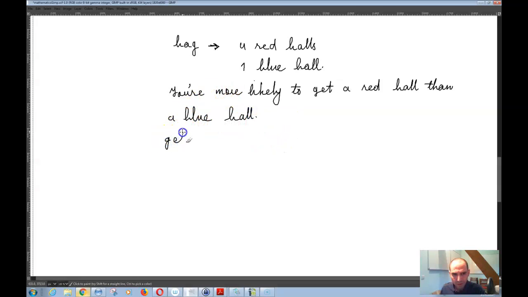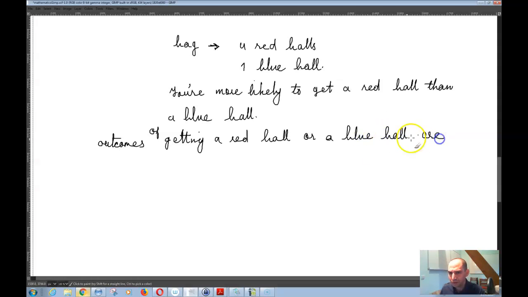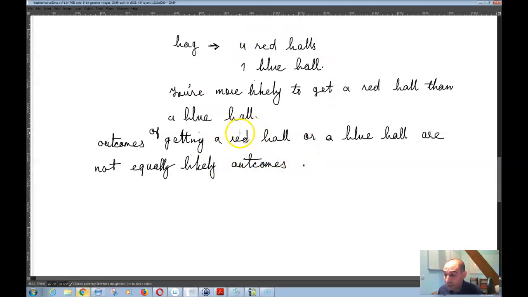And so the outcomes of getting a red ball or a blue ball are not equally likely outcomes. You cannot call them equally likely outcomes.